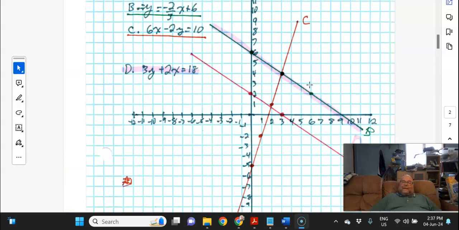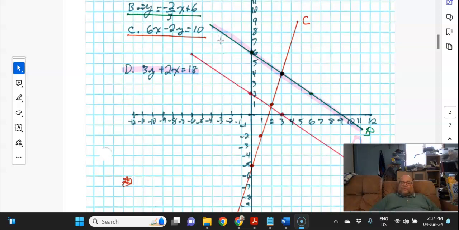Lines A and C intersect at a point a little bit less than 2 for our x and a little bit less than 1 for our y. B and C intersect cleanly at the point 3, 4. And lines A and B are parallel.